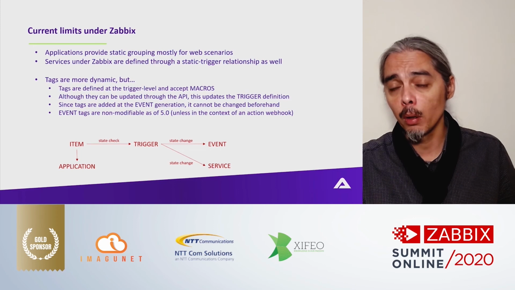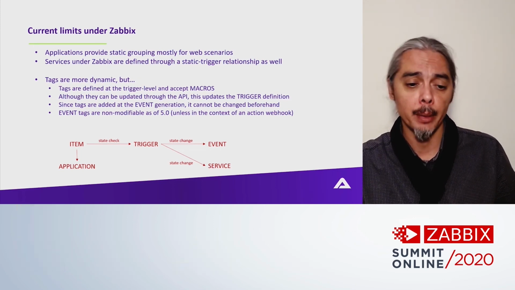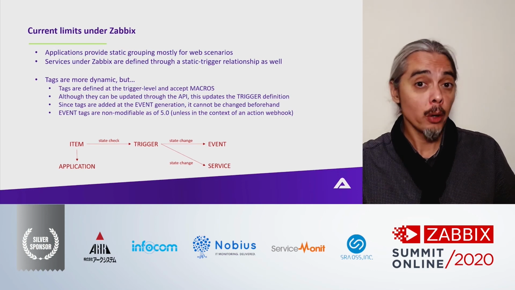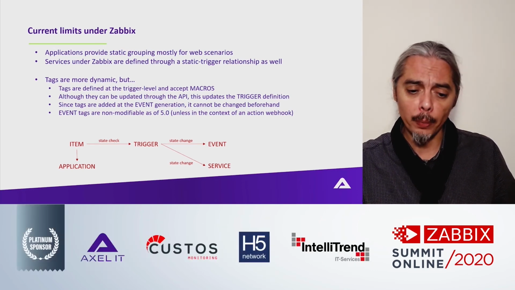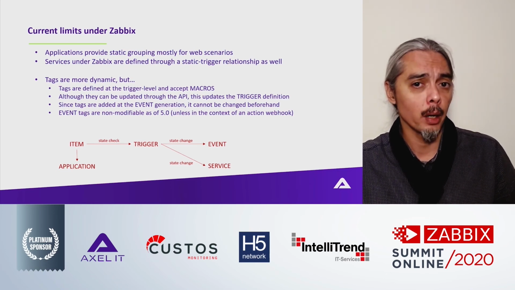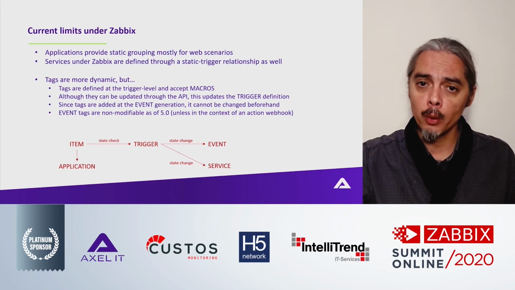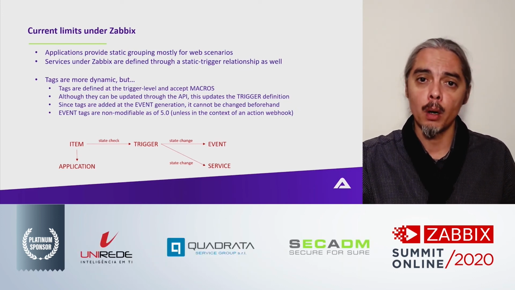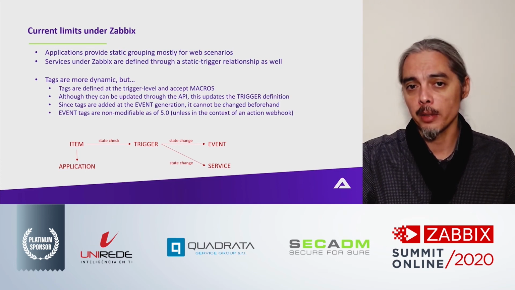Actually, we're not allowed to do that right now, as of now, through the API. There's one exception to that, and it is webhooks. So there's some dark magic involved there, and you could go check the source code for that. But webhooks within the context of an event are authorized to alter and change event tags.